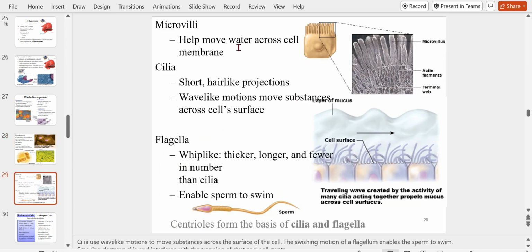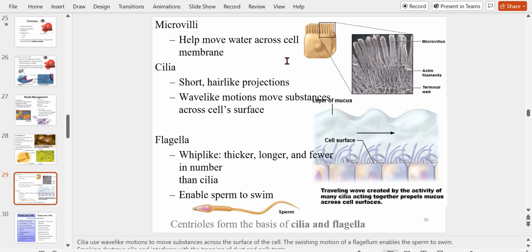Microvilli are found in the small intestine. The body is an amazing place for creating space where there isn't any. With these microvilli, you're able to increase the surface area of the inside of the intestine, so a small little area will have the surface area of a tennis court, which is why we're able to digest and absorb all of the nutrients from our Big Mac combo.